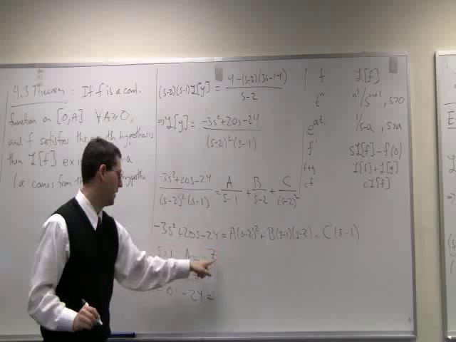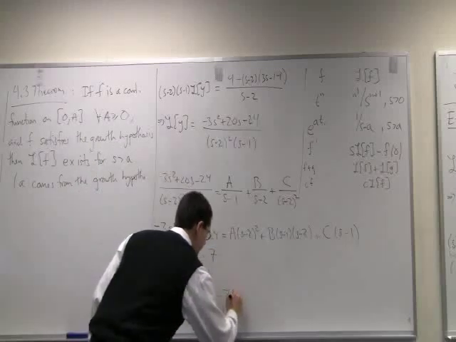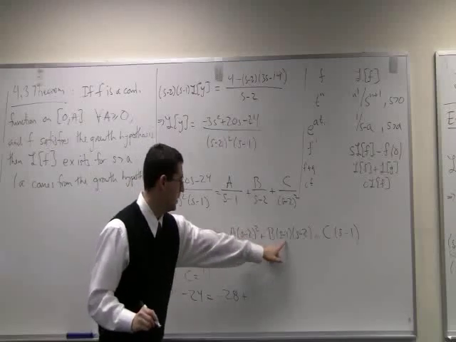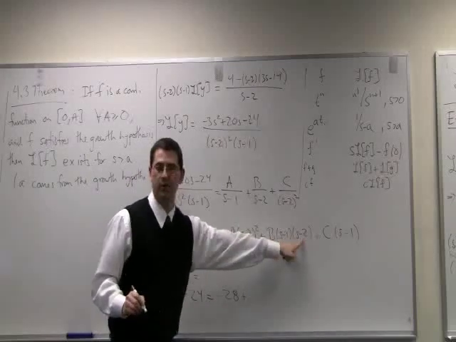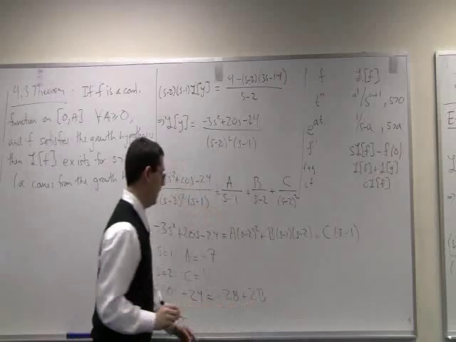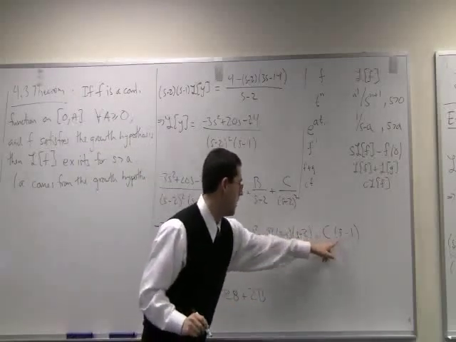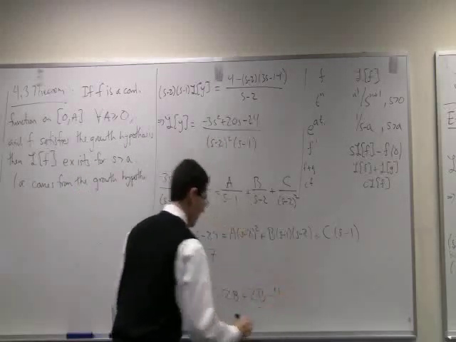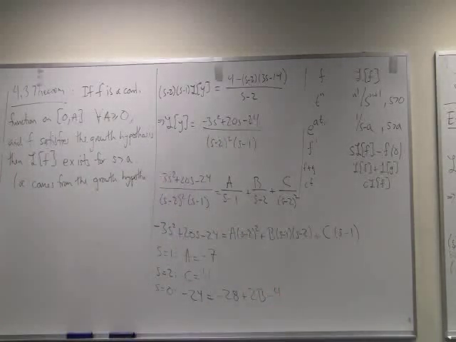So 4 times minus 7 is minus 28. Plus b times 0 minus 1 and 0 minus 2, it's just 2, so 2b. And when s is 0, you get minus c. And c was 4, so minus 4. Okay, so this is much easier than expanding everything out.